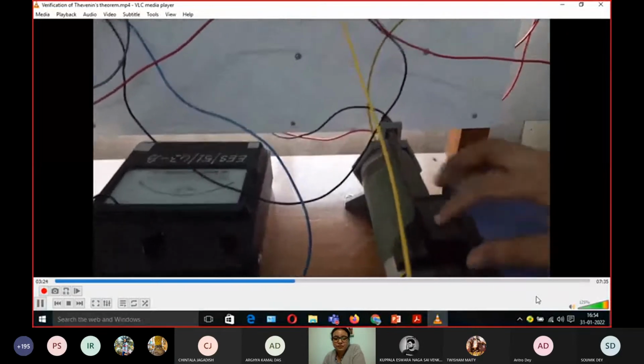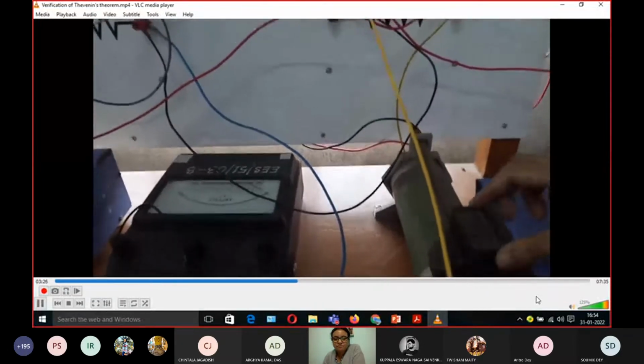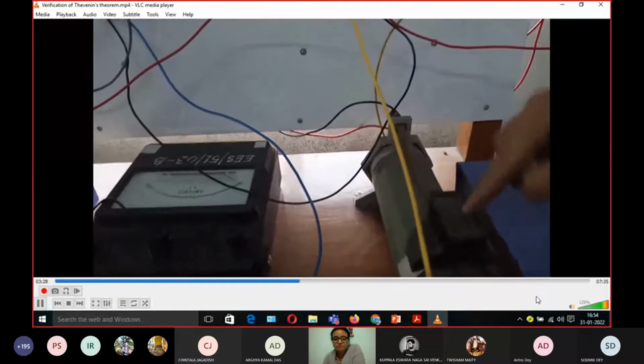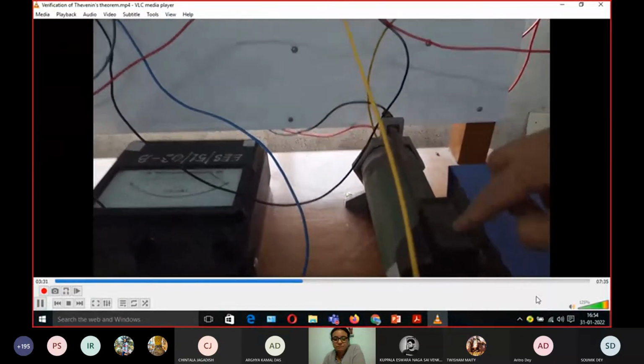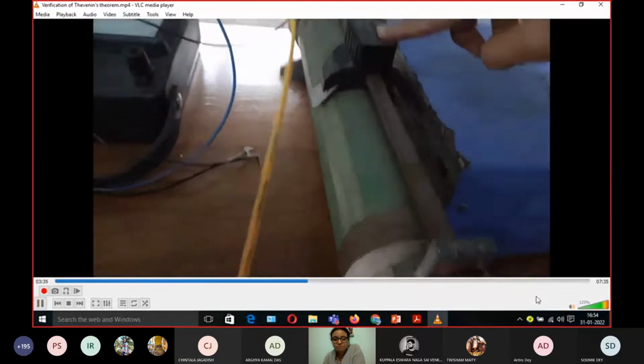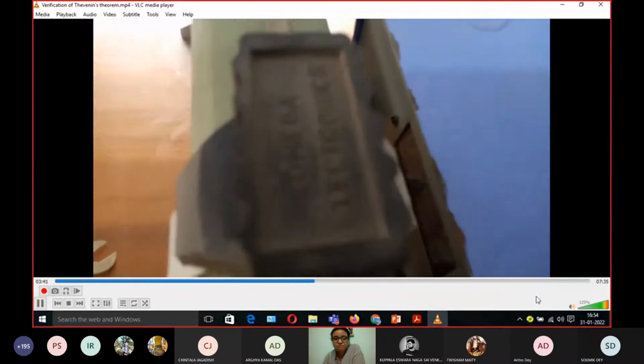It's almost 50%. It is a 100 ohm resistor, and we are at the 50% position, means approximately 50. Our RL has to be around 50. So this is a 100 ohm resistor.